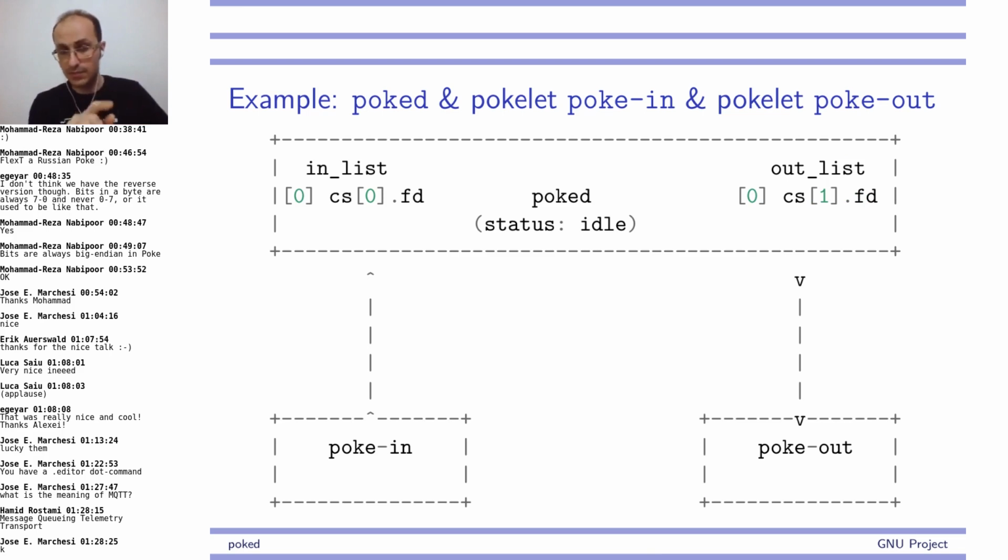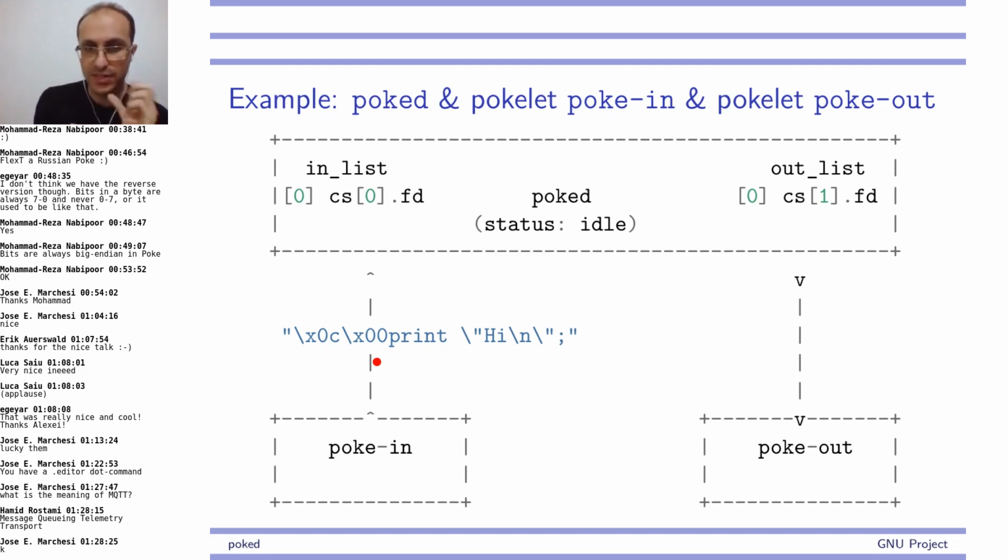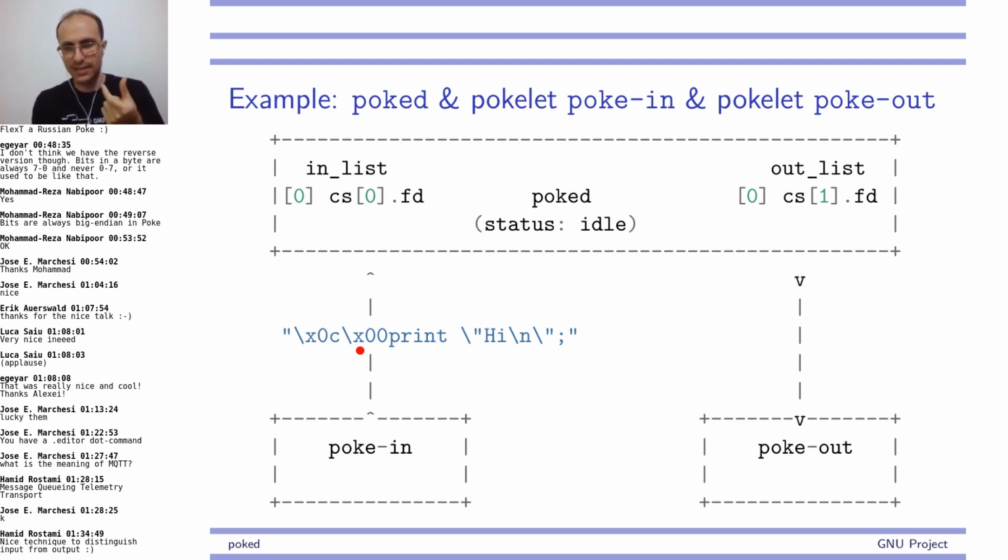And then the user writes this statement, print hi, with a new line at the end. POKD will serialize or marshal the thing. It prepends the length of the command to the payload in little endian, because that's my favorite endian.